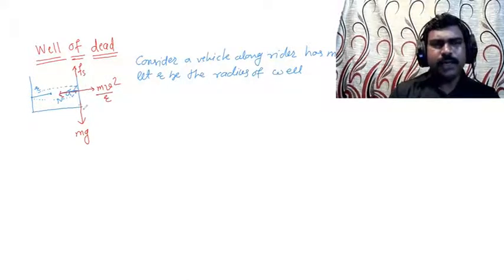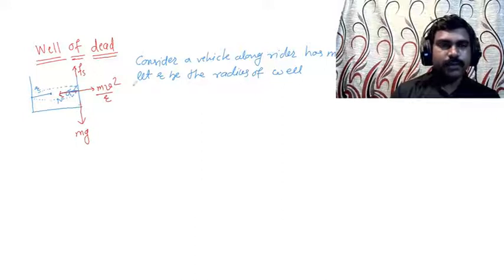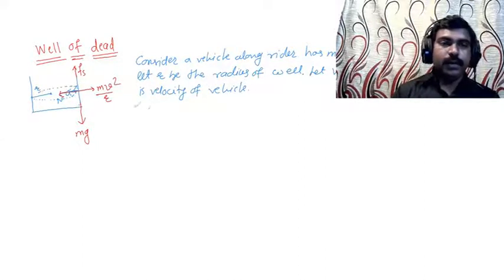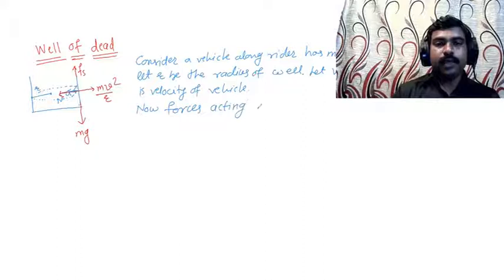You have to write which forces are acting on the body in short. Before that we have to mention what V means. Let V be the velocity of the vehicle. Now the forces acting on the body. Body means vehicle with rider.